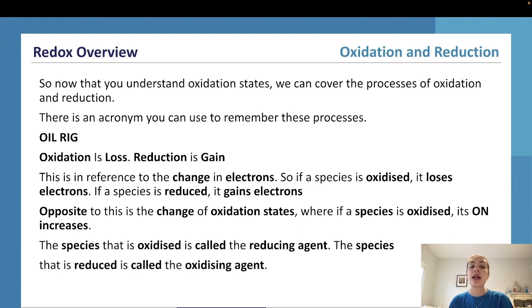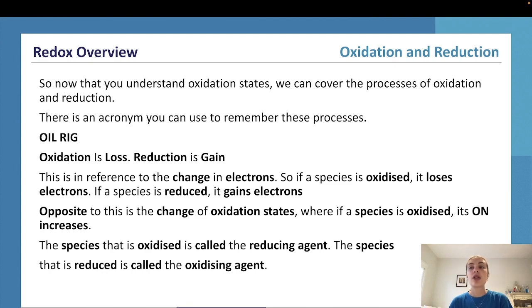And so the species that is reduced, the one gaining electrons, is essentially taking electrons from the one which is being oxidized, hence causing the one which is being oxidized to then be oxidized.